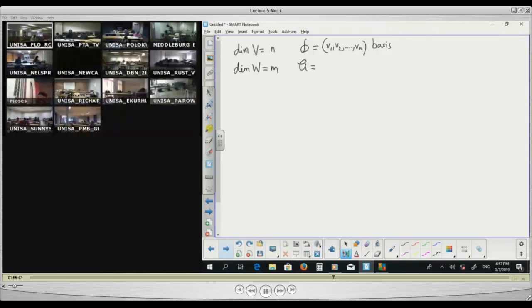We have a linear transformation. Okay? Clear? Now let's see.